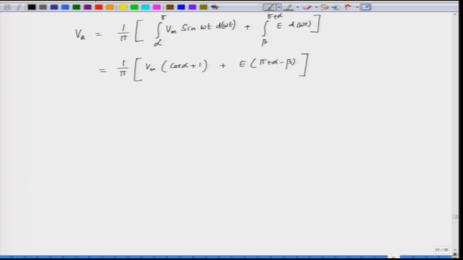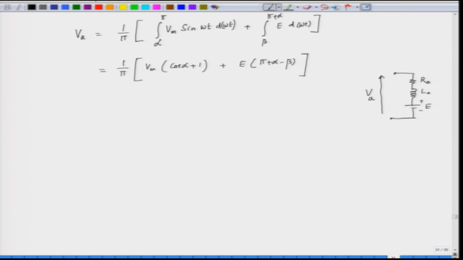Now, we know that in the armature circuit what we have here is the resistance, inductance and the back EMF. So, R A, L A and E, and we have applied here the armature voltage V A, which is the average value. The average inductance drop is 0.